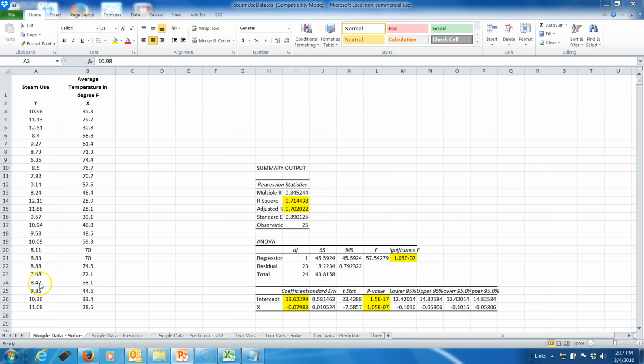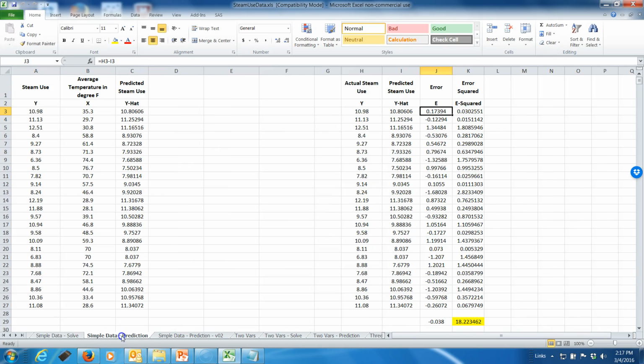the steam use. So let's go over here to the next tab, and here I'm going to take this value and multiply it by negative 0.0798, and I'm going to add 13 to it, and I get this answer.